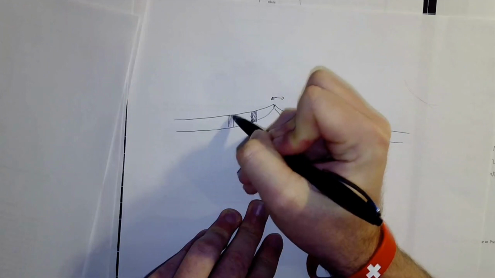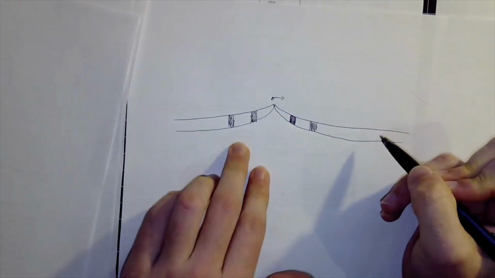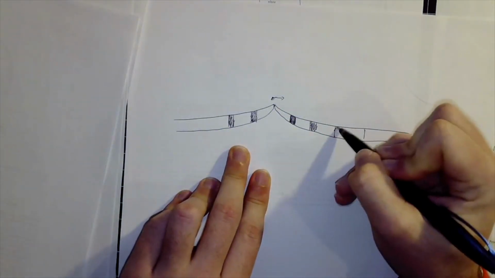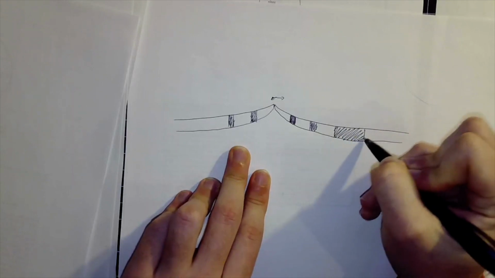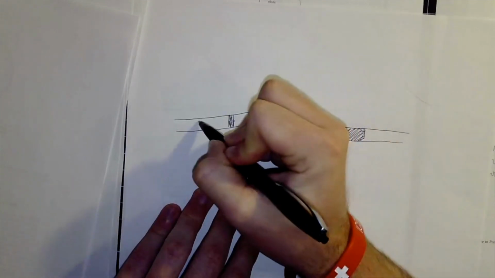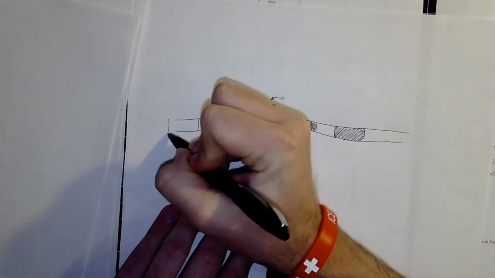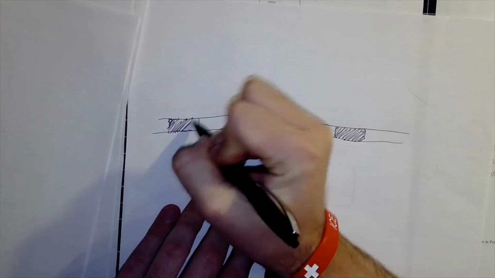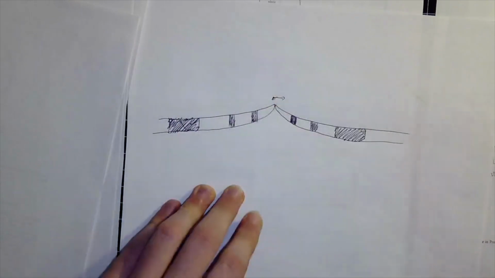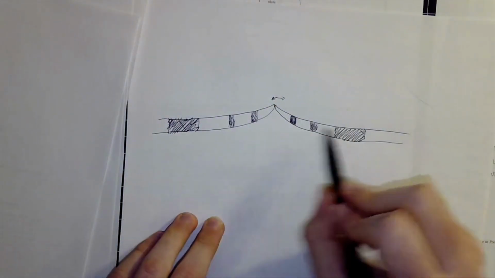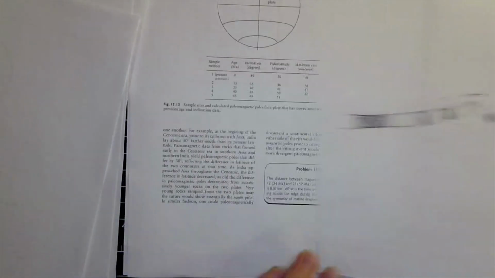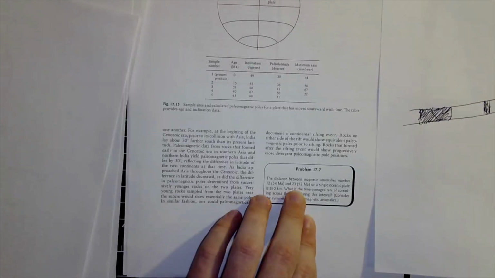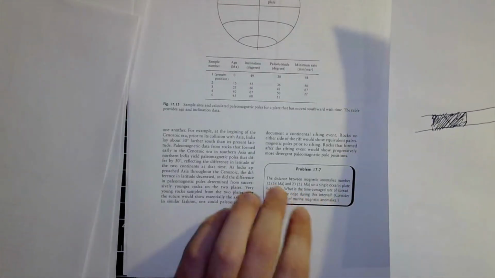I'll try to draw these symmetrically. We'll put a really big fat one here. And so they correspond. And the terminology it uses here is, it says anomalies number 12 and 23.